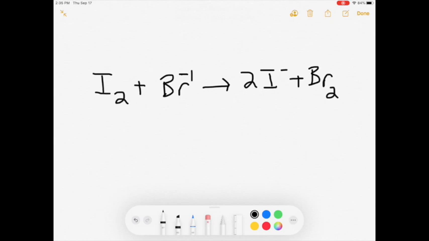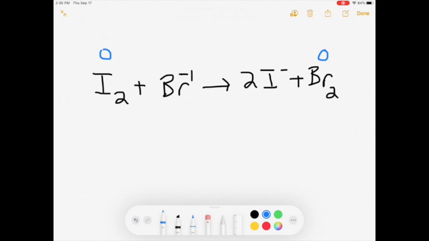Okay, so iodine is 0 because it's by itself. Bromine is 0. Okay, now they've written the equation in net ionic form. So it's not showing the spectator ions.